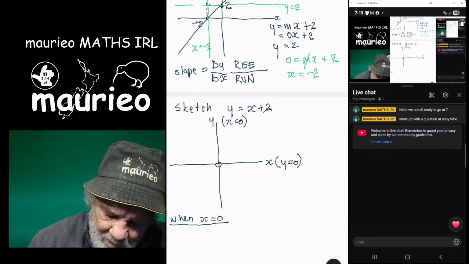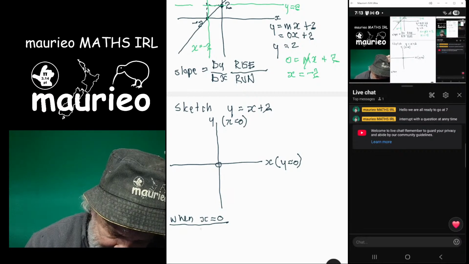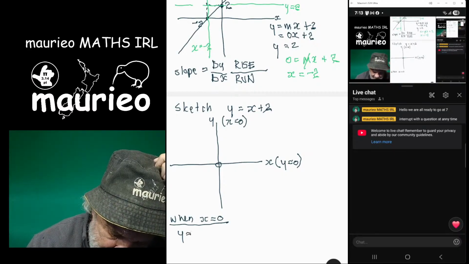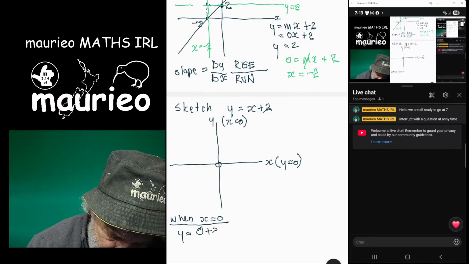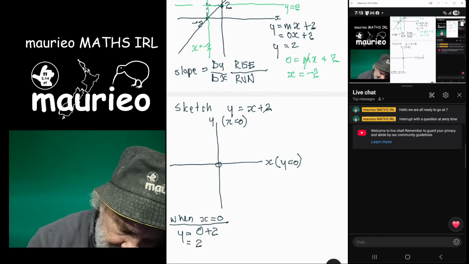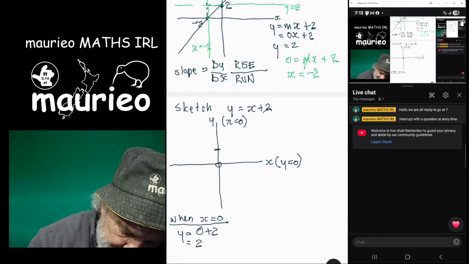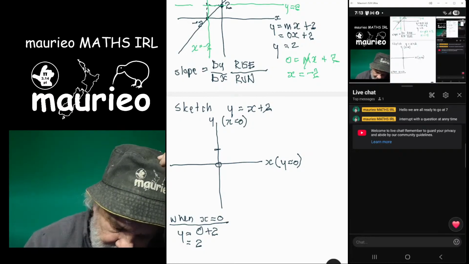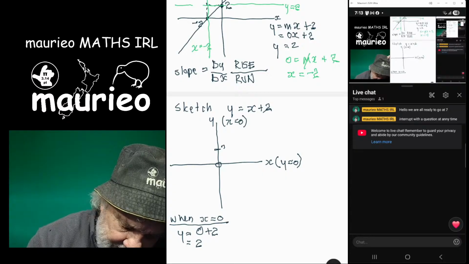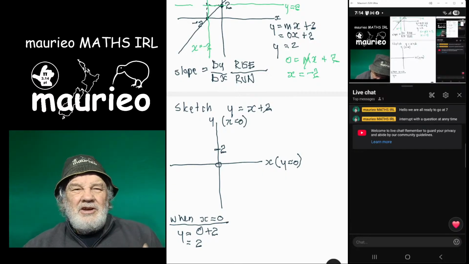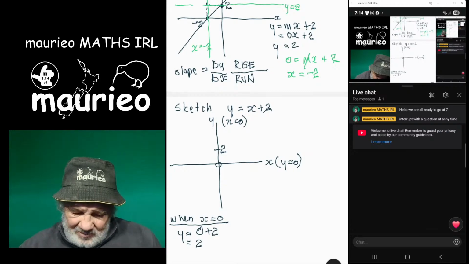That will give us the y-intercept, and we can see there when x equals 0, y equals 0 plus 2 equals 2. So that's a point on the graph. And working with 0 is a lot easier because it eliminates a lot of things.